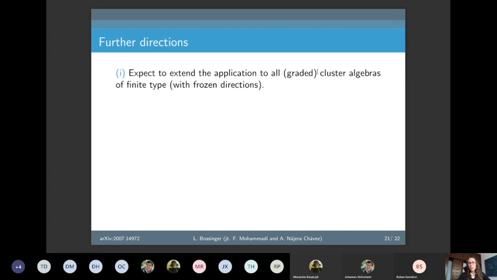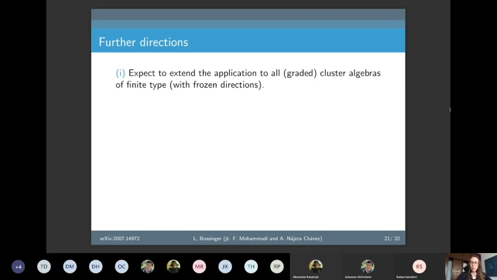So graded is one assumption that we wanted here. That might not be necessary, and with frozen directions is another technical assumption, but essentially we are optimistic of exploiting this application to all finite type cluster algebras, so cluster algebras with finitely many cluster variables in particular.